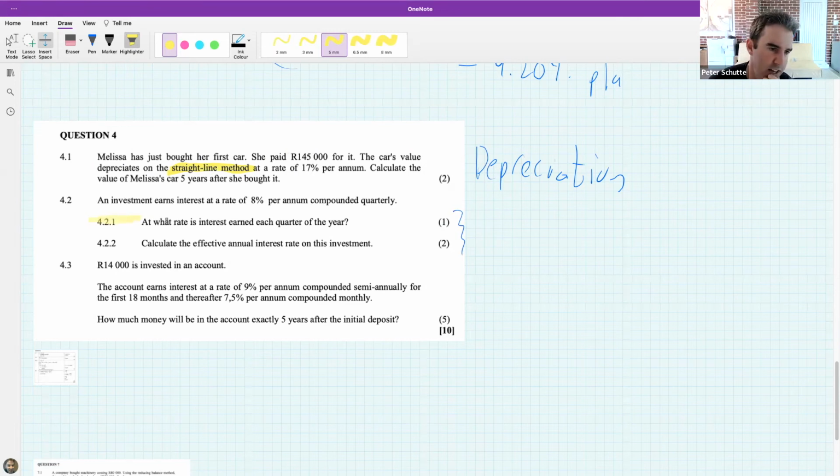I want you guys to tell me what is the answer to this question, 4.2.1. Take a moment to look at that.